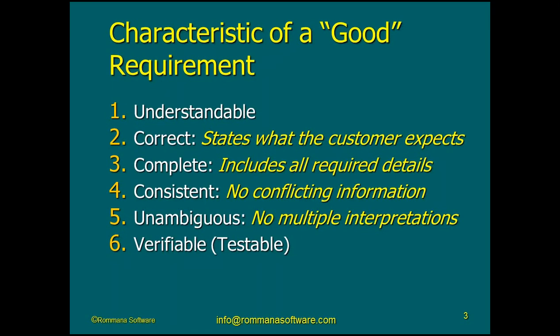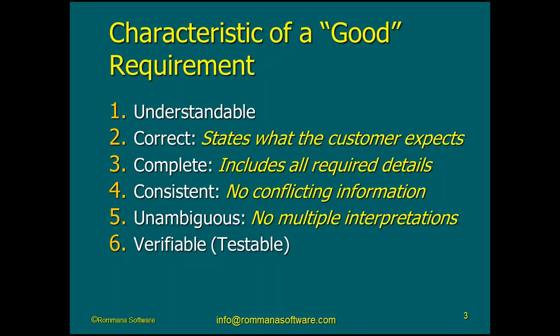A requirement also must be complete, meaning that it should include all the details that are required for developers to write the design and write the code, and the details required for the tester to write the test cases. A requirement also must be consistent, meaning that there is no contradiction either between parts of the same requirement or between a requirement and another requirement.